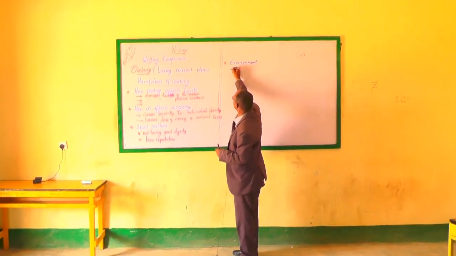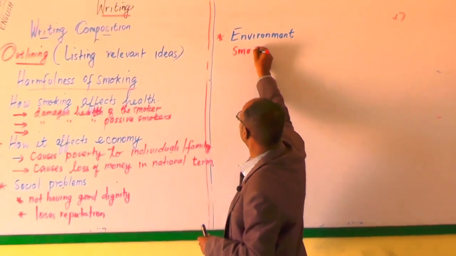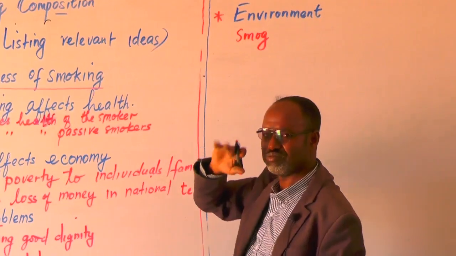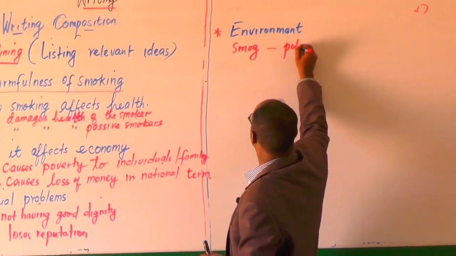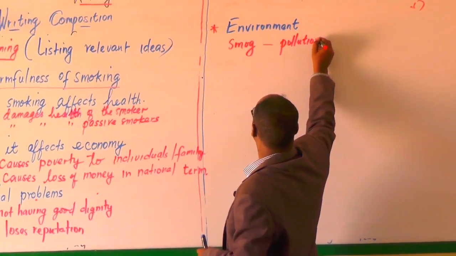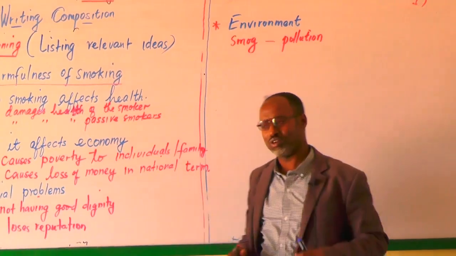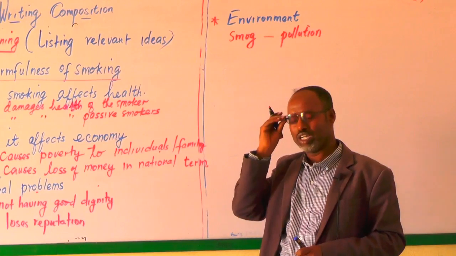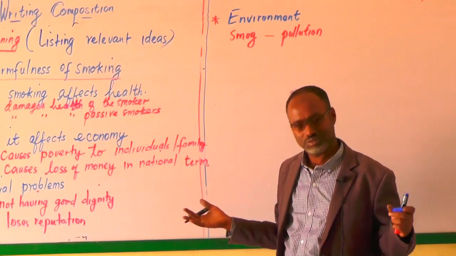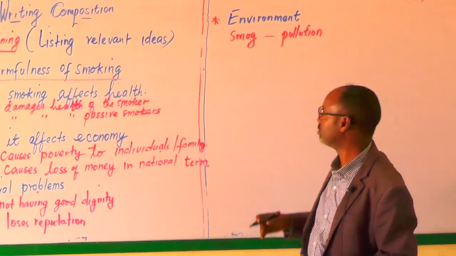First, it has smoke, which is not good, causing pollution in the air. For example, in your room, if someone smokes a cigarette, will you be pleased to sit there? No, you need fresh air.